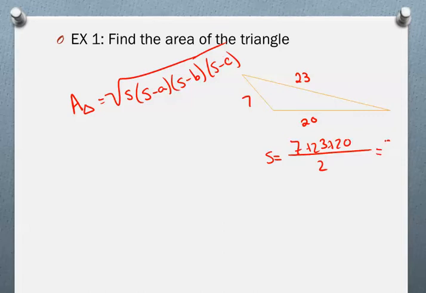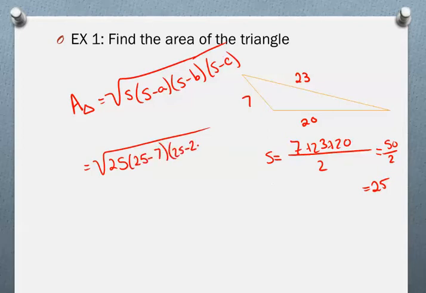So we'll get 50 divided by 2, which is 25. And then we'll go back and plug it back in. We'll take 25 times the quantity 25 minus 7, 25 minus 23, and finally 25 minus 20.